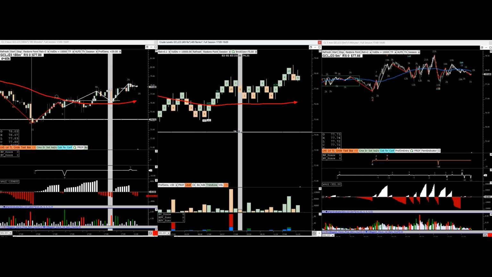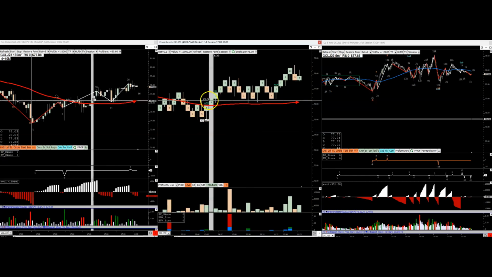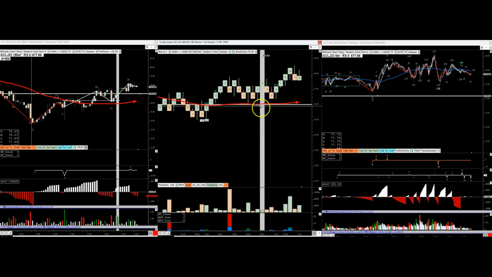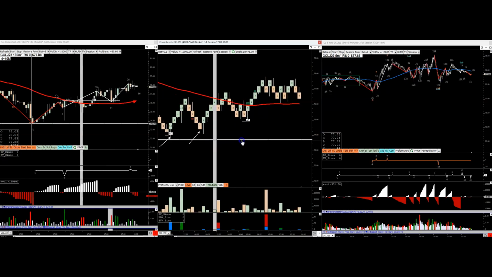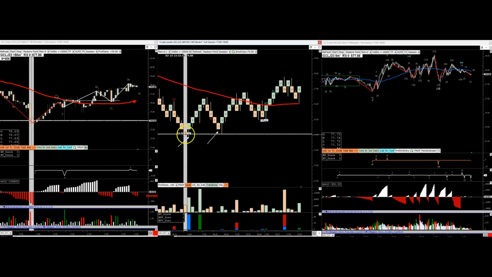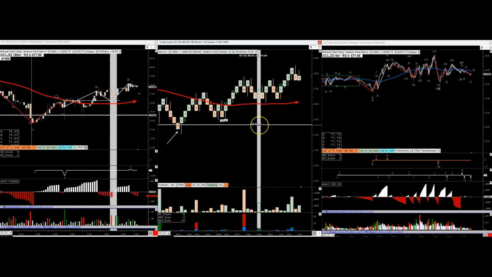Look at how clean this is. Rally 1, 2, 3, 4, 5. It rallies 1, 2, 3. Let's see what happened on the pullback. Rally 1, 2, 3, 4. Pull back. Rally. Pull back. Done. It simplifies a lot of things.